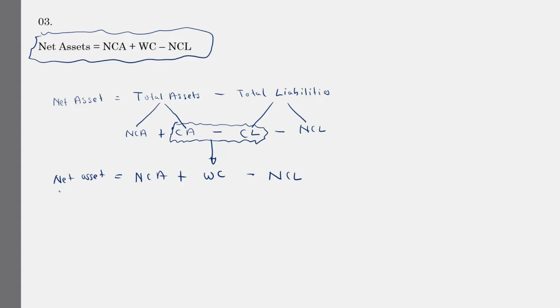Another name that you can use for the net asset is your equity. Another name that you can use is your capital. Everything is the same. So if you want to calculate your net asset or your equity or your capital, another method to calculate it is non-current assets plus working capital minus the non-current liability. So that is a very important formula that you have to remember.